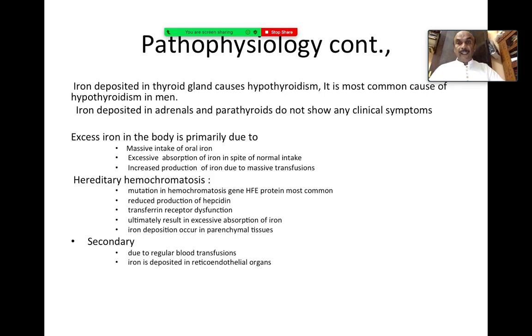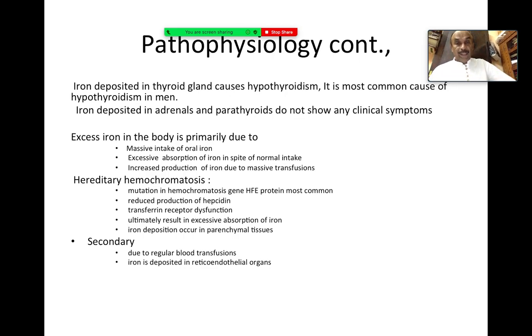Excess iron in the body is primarily due to massive intake of oral iron, and people keep on consuming the tablets, buying them over the counter, and take these iron tablets for general weakness, etc. And that may result in excessive intake and iron excess in the body.